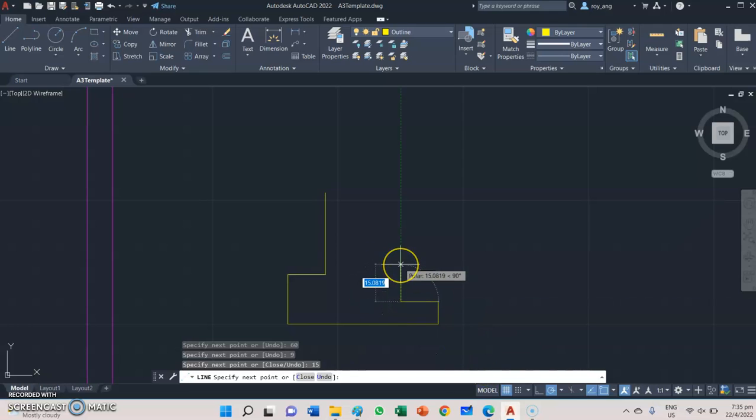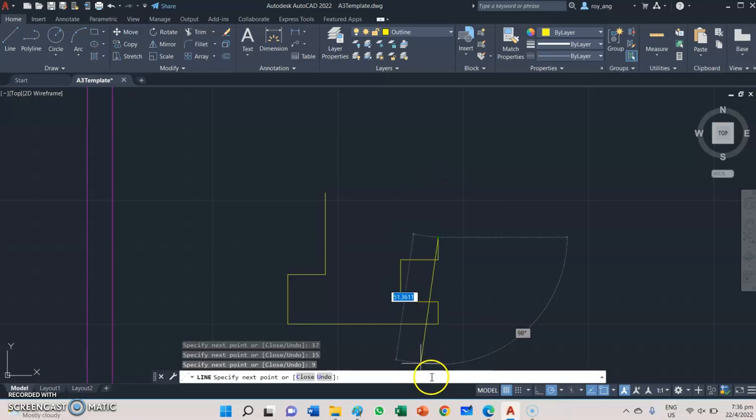So it's 17. I move my mouse to align to the vertical, and then you have auto tracking, the green dotted line, and that helps you align it to the 90-degree mark. You can be rest assured that it is perpendicular, and this is 15. And again, it goes up by 9. And then it goes backward.